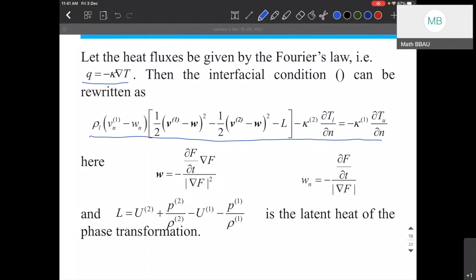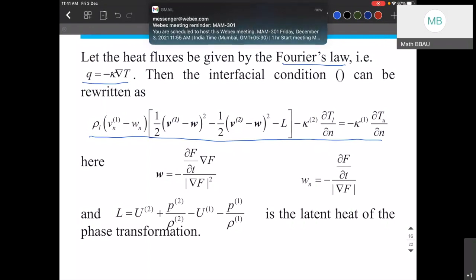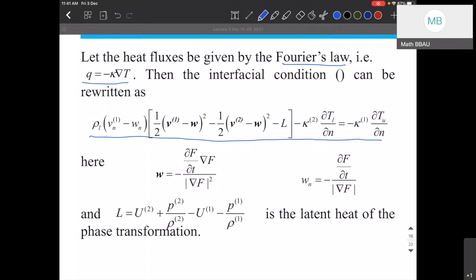This comes from Fourier's law, that the rate of kinetic energy and latent heat will be equal to the difference of net heat flux. If we take this part to the left hand side, it is basically K2 del TL by del Tn minus kappa 1 del Tu by del Tn. Okay, so this is called net heat flux.